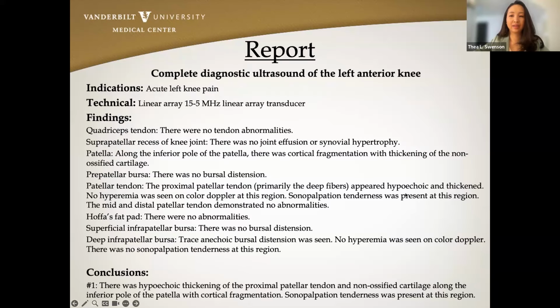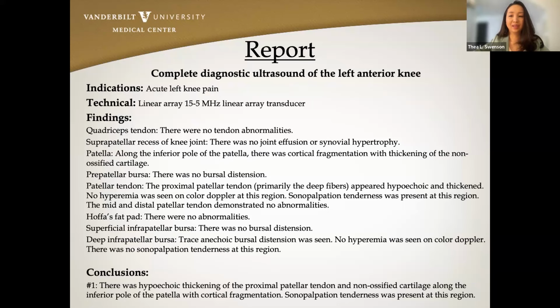So this is the report that we documented, both with the normal and abnormal findings. Most notable are the abnormal findings, which are here in the patella. Along the inferior pole of the patella, there was hypoechoic thickening of the non-ossified cartilage with cortical fragmentation.